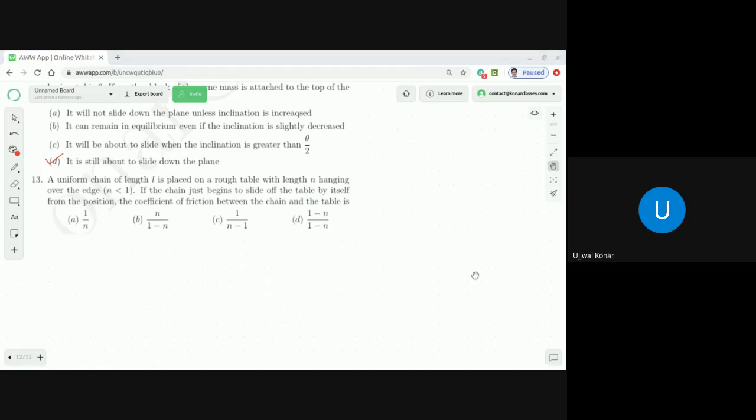Now the chain just began to slide off the table. Therefore, weight of the hanging chain should be equal to the frictional force between the chain and the table. Correct or not? Okay, let me write it down. The chain just begins to slide off the table.